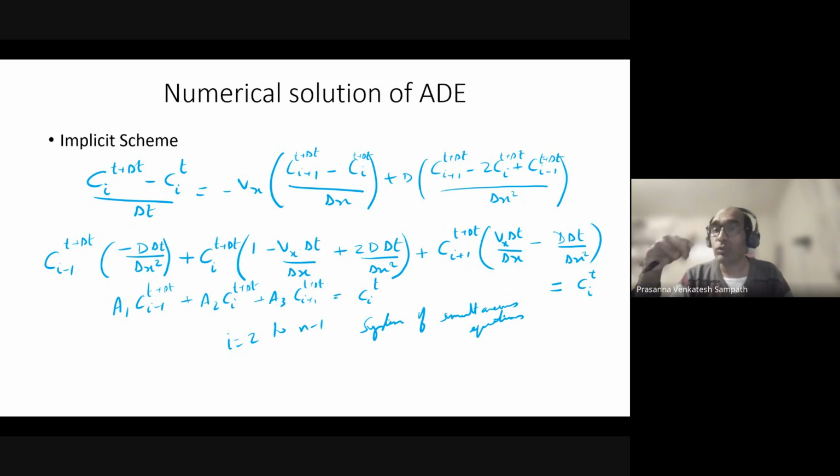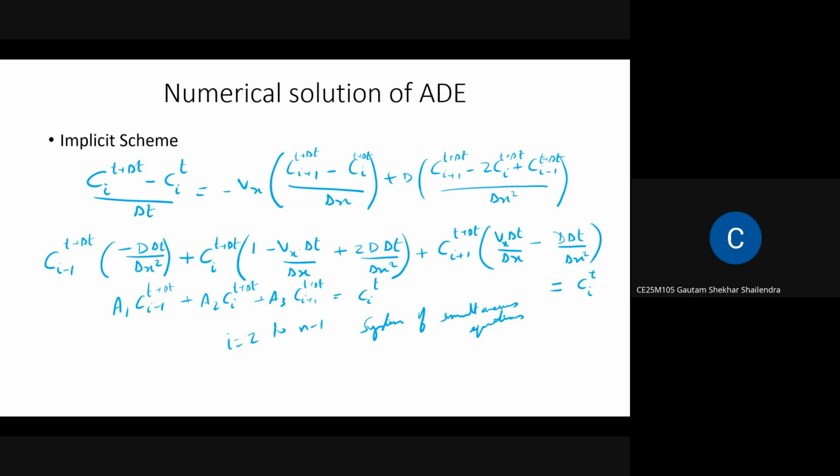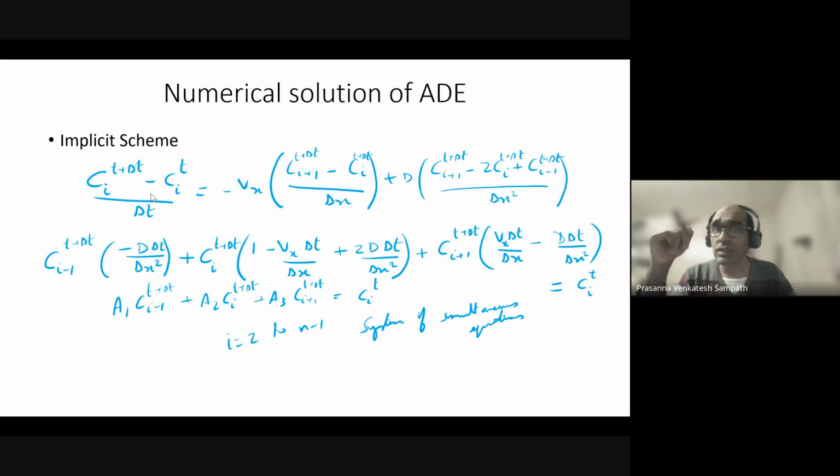So what you have to do is write the system of equations for all those values and then solve them simultaneously. Because you have n minus 2 unknowns and n minus 2 equations, you'll have to solve those equations simultaneously.